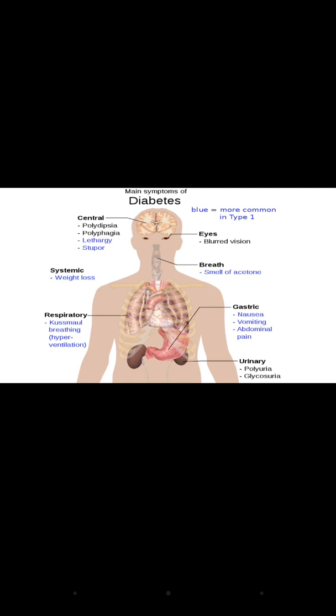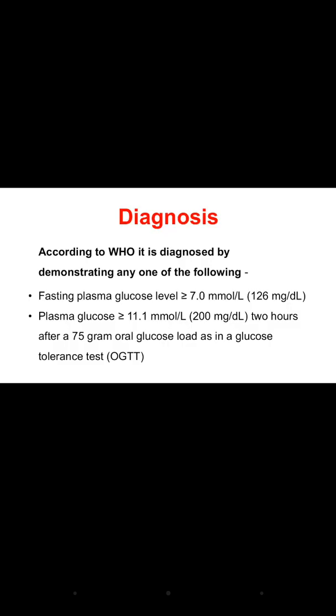Acetone is also a ketone, so there will be fruity odor, or fruity breath. Then in the gastric system, nausea, vomiting, abdominal pain, and in the urinary system, polyuria and glycosuria, that is presence of glucose in the urine. So in a nutshell, these are the main signs and symptoms of diabetes.